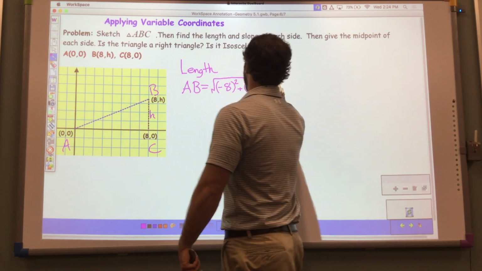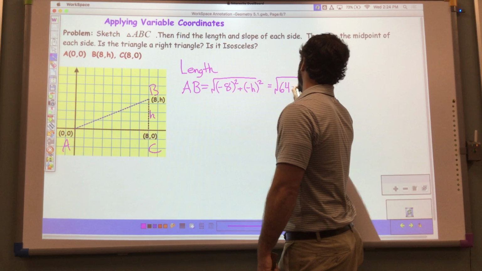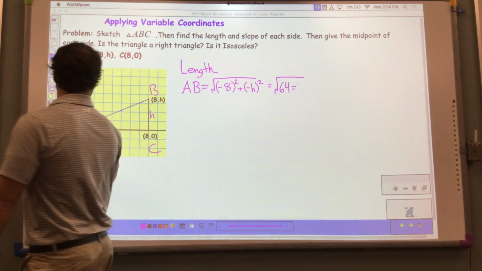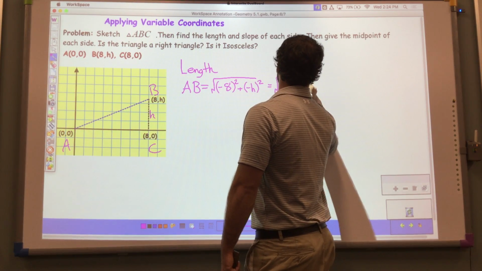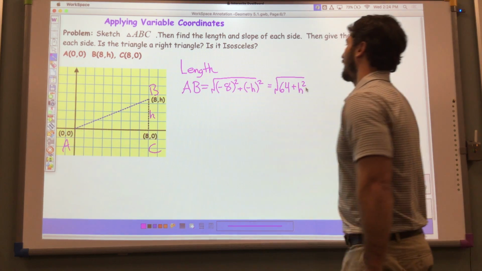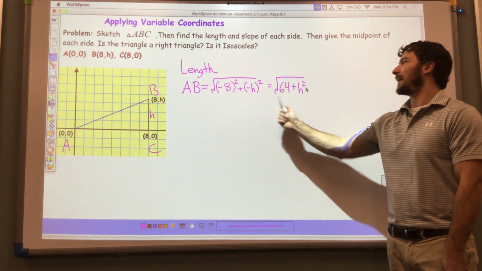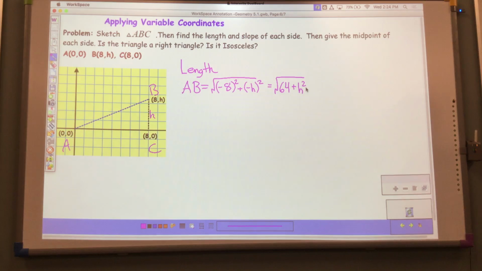If you simplify that, negative 8 squared is 64, and negative h squared becomes positive h squared. Even though these are both perfect squares, that does not factor because of the plus. So this right here, this ugly thing, is the length of AB.